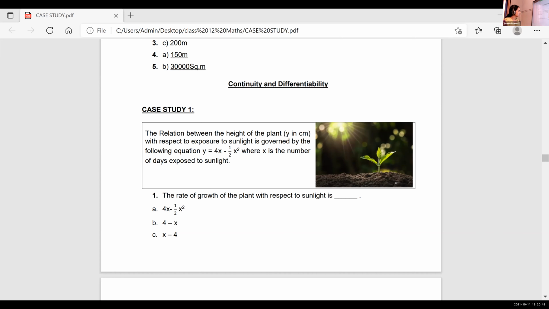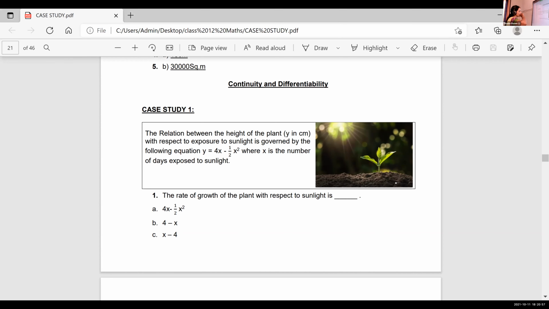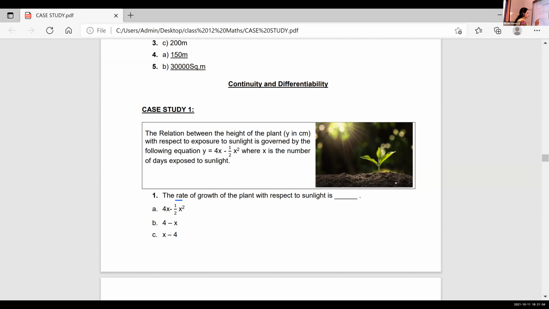Now answer the question. What is the rate of growth of the plant with respect to the sunlight? What is meant by rate of growth? Rate of change is what you have to find, dy/dx, isn't it?